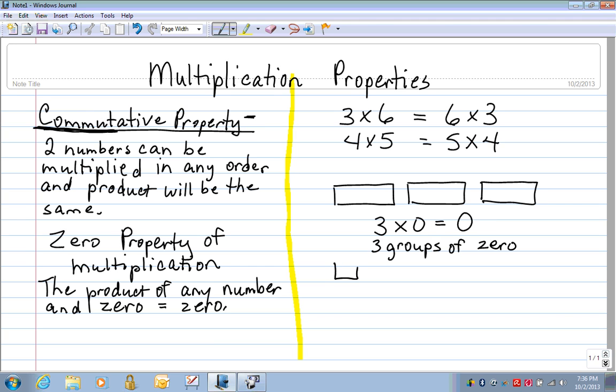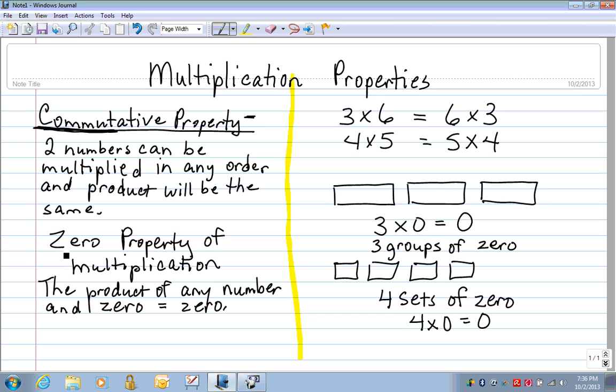You could have 4 sets of 0. Four times 0 is equal to 0. The zero property of multiplication. I'll pause now and let you finish copying notes.